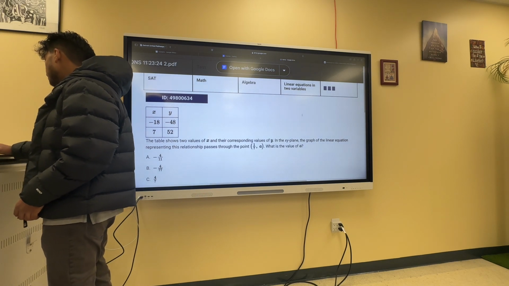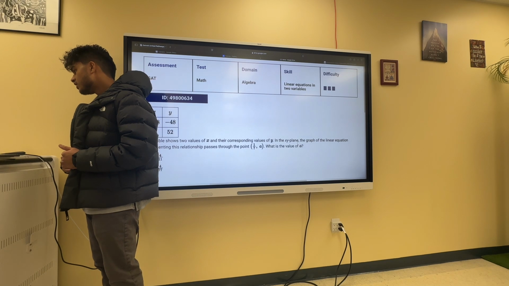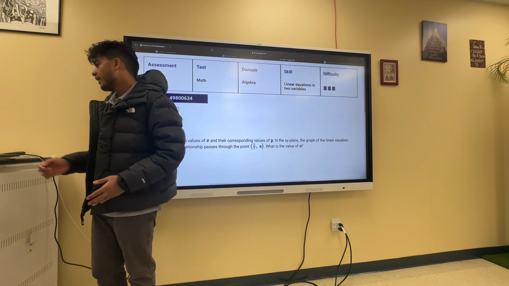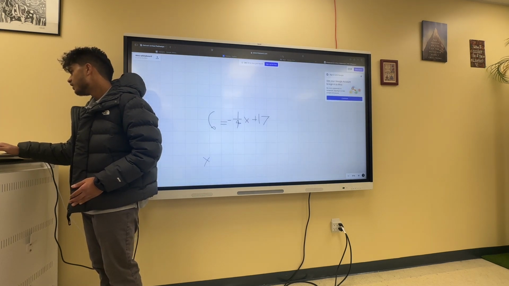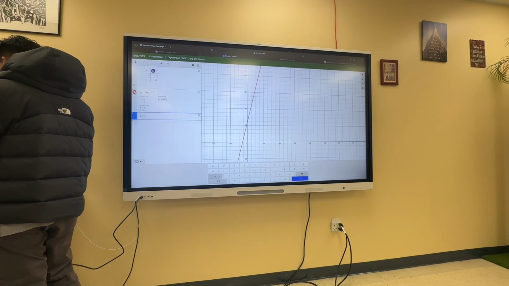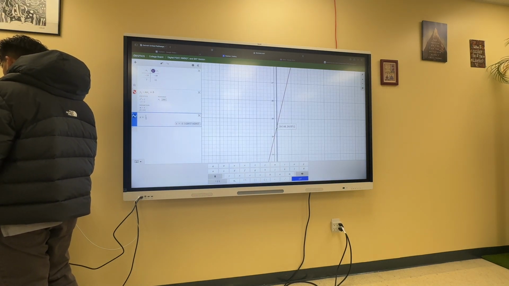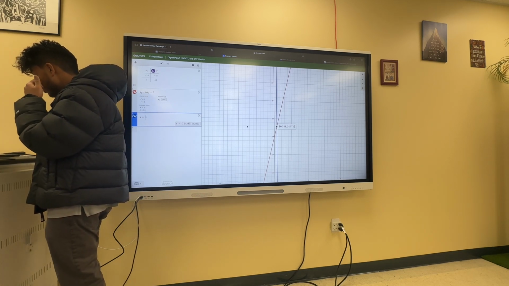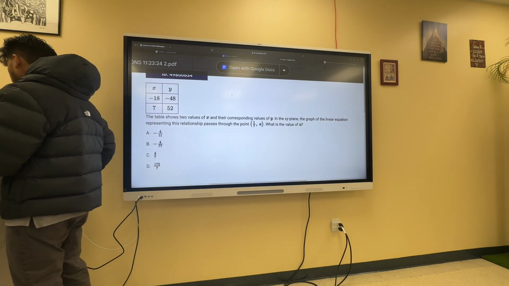So now we're given that the graph of this linear equation represents the relationship passes through point 1/7, a. So in this scenario, all you have to do is make the equation x equals 1/7, because that allows you to just figure it out on the graph. x equals 1/7 shows that, okay, so what is the value of a?